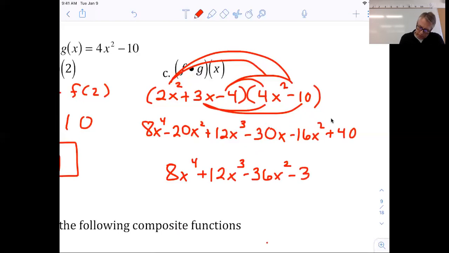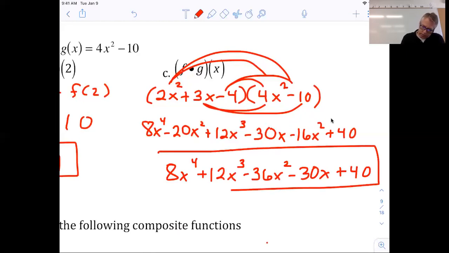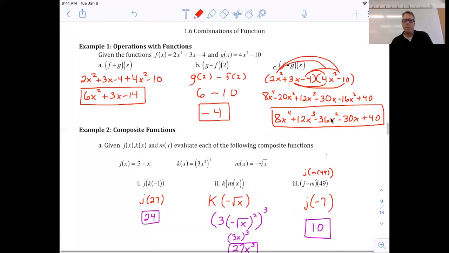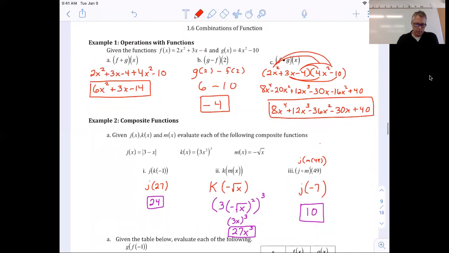And then we have minus 30x plus 40. And that big, long, ugly thing is our answer that we got from multiplying those two together. Okay, any questions on any of those operations or composites before we move on?